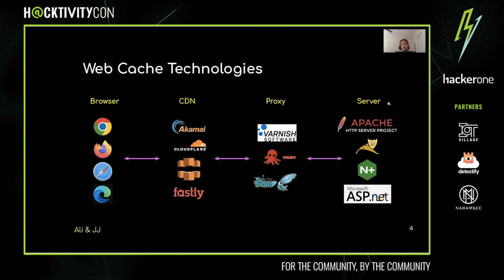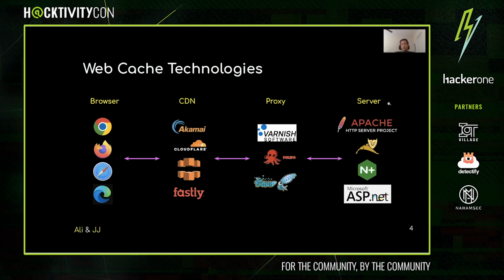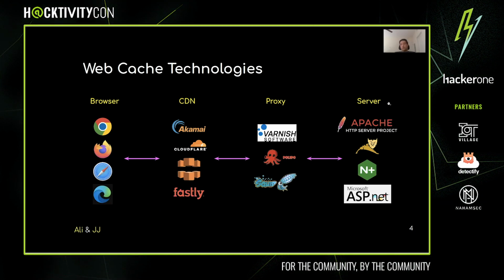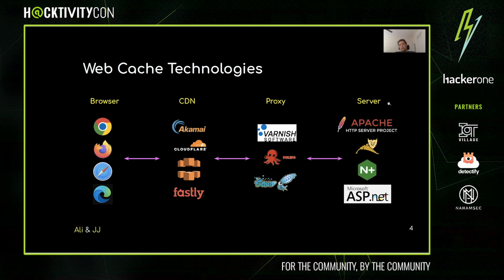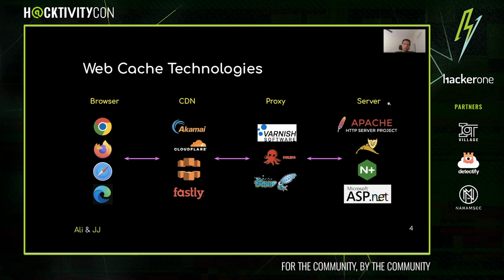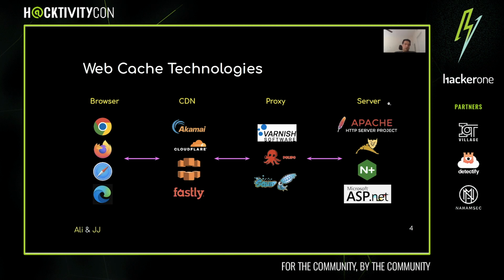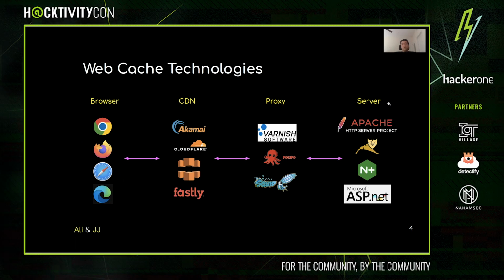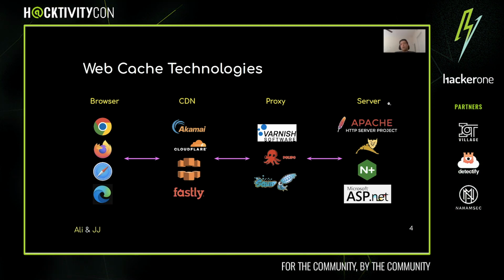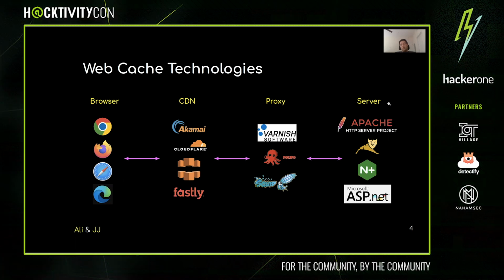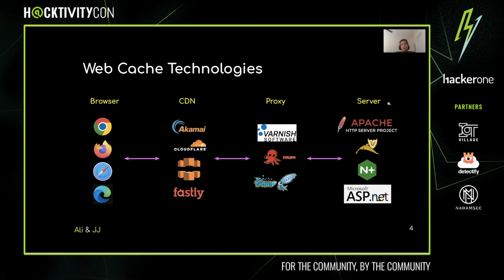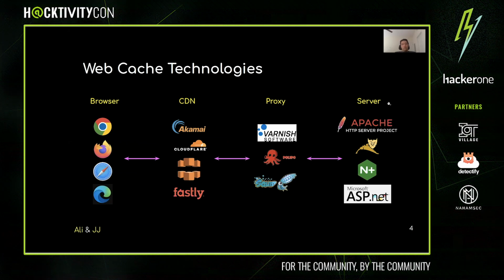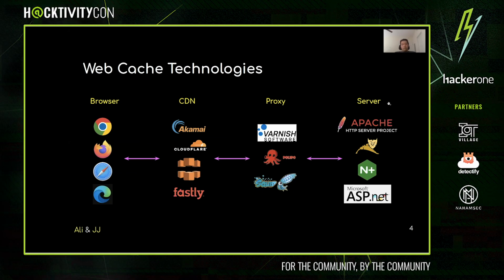Basically, web caches have become an essential component of the internet infrastructure with lots of use cases, such as reducing bandwidth. Studies show that about 74% of the Alexa top 1,000 currently use CDN providers and web caches.